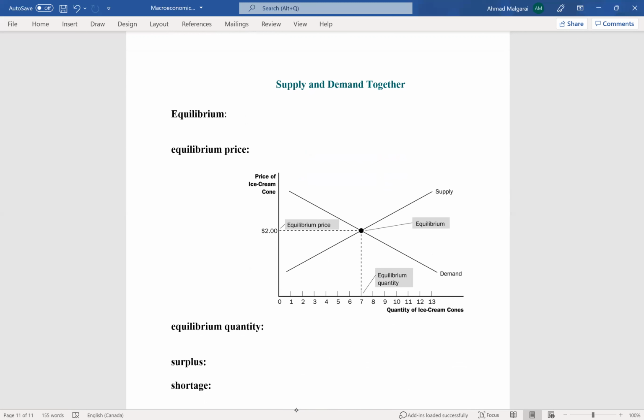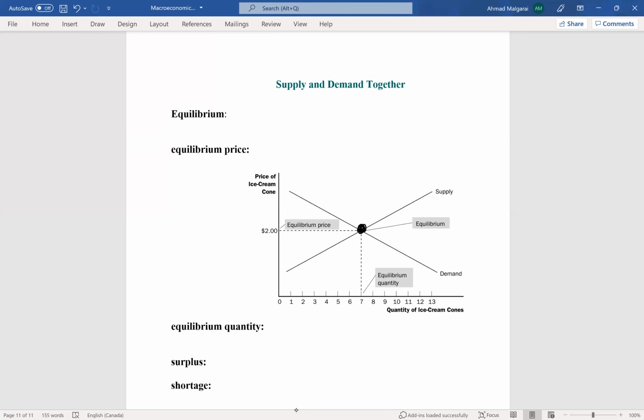Let's talk about equilibrium. The point where the supply and demand curves intersect is called the market equilibrium. This is our supply and this is our demand curve. Where supply and demand meet, we're saying that supply is equal to demand.